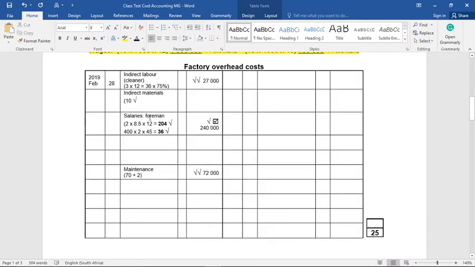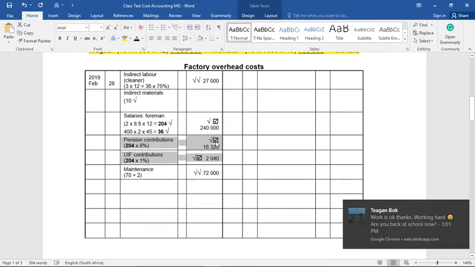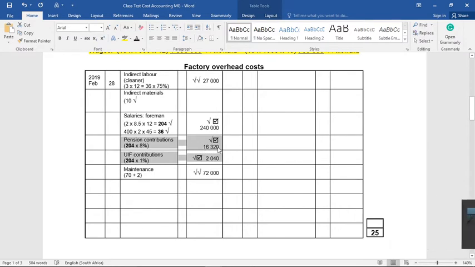So let's go back to the salary of the factory foreman. The factory foreman got 204,000 Rand basic and 36,000 overtime. Right? So when we work out the 8% and the 1% for the pension and the UIF, it's going to be based on the 204,000. So you're going to have a further 16,320 for pension contributions and UIF another 2,040.